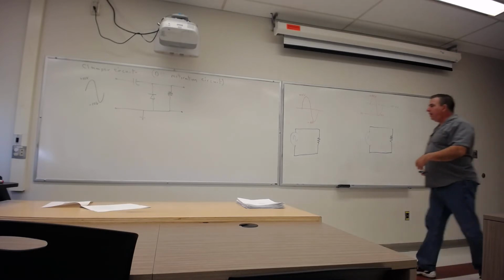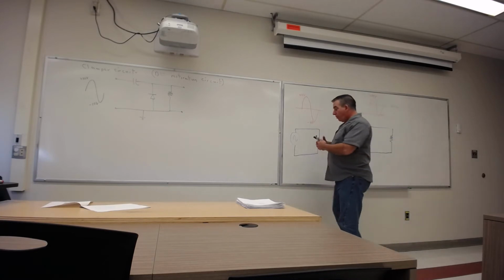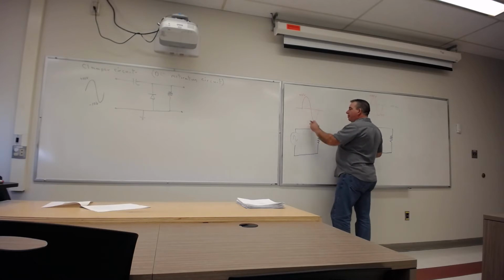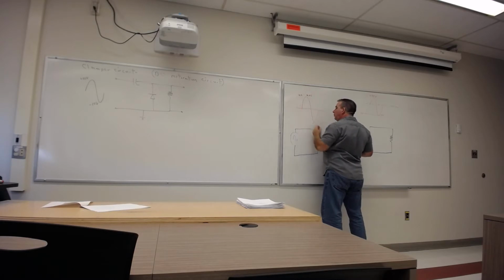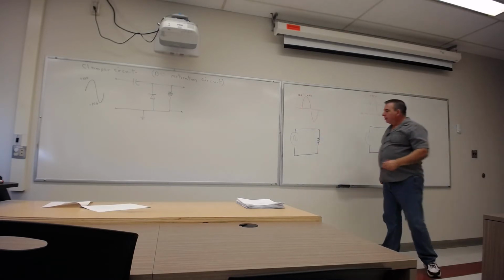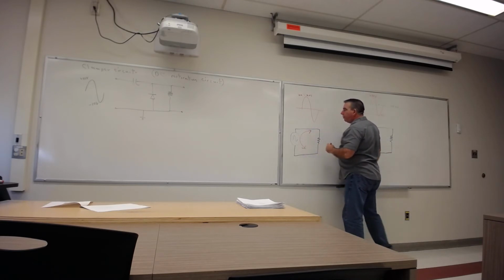Normally when we talk about AC, for instance something coming out of the wall, this could be your AC coming out of the wall, where this would be like 120 volts RMS. Current goes back and forth.